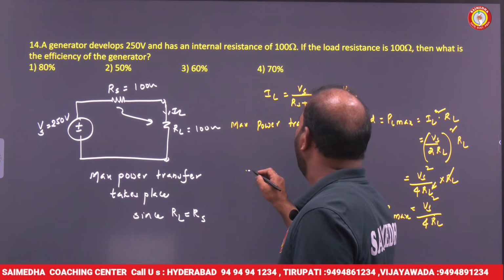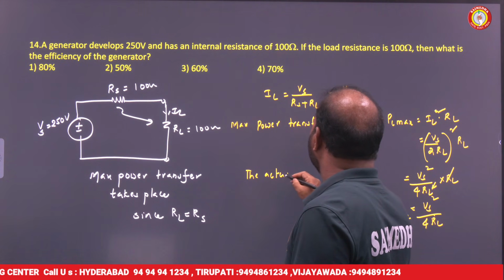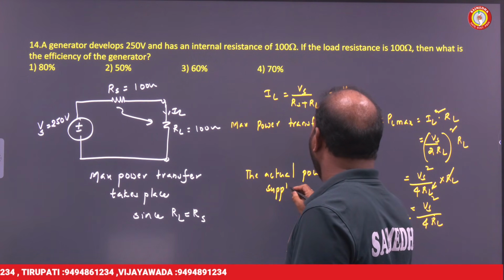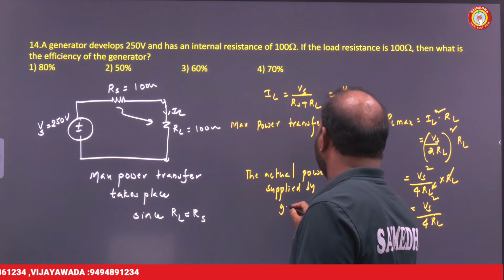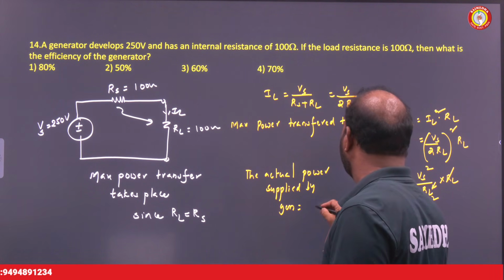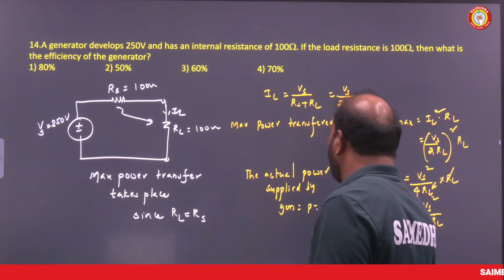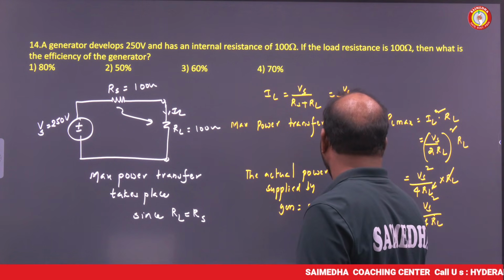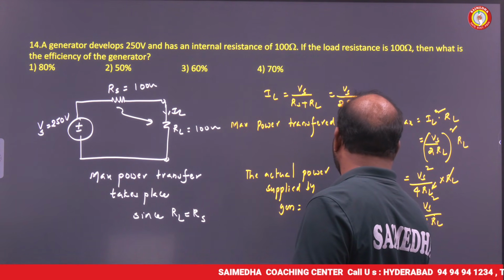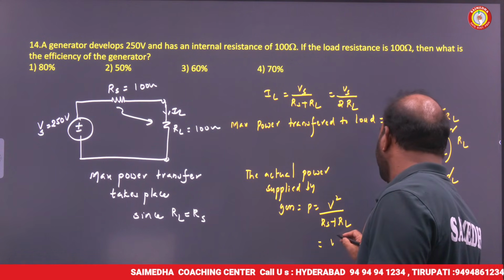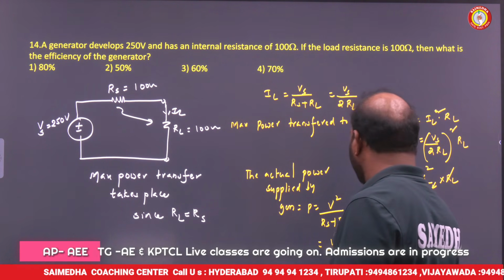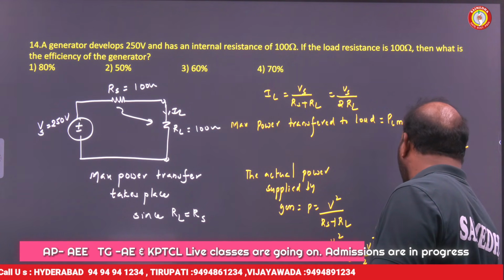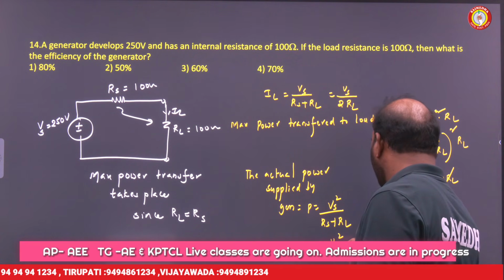The actual power supplied by the generator: for power we have various expressions, V into I, I square into R, or V square by R. So here it is V square by Rs plus RL, which is V square by 2RL, and V here is Vs.